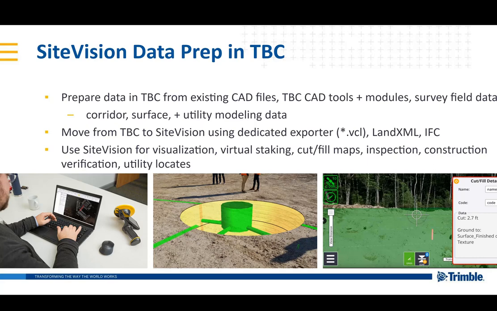And then in Sight Vision, you can use it for visualization or virtual staking, cut fill maps, inspection, construction verification, utility locates, and boundary verification, which was a good one that's come up recently.